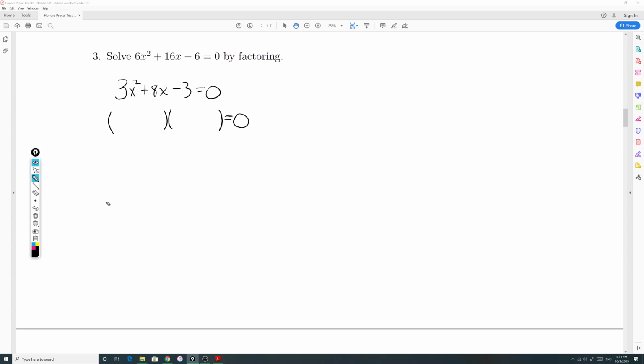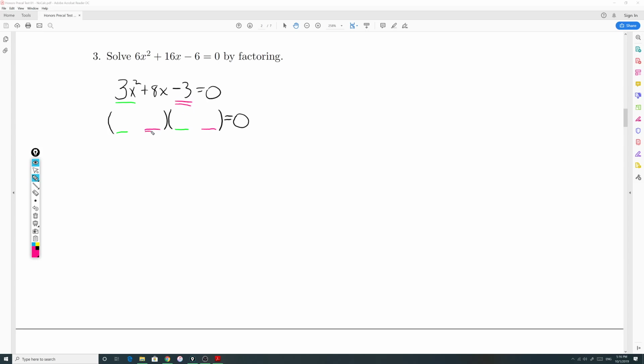Now if you're just going to do this in your head, which I would instead of splitting the middle or something like that, I always treat these as just fill in the blank problems. This blank multiplied by this blank has to give you 3x squared, and then this blank times this blank has to give you negative 3.